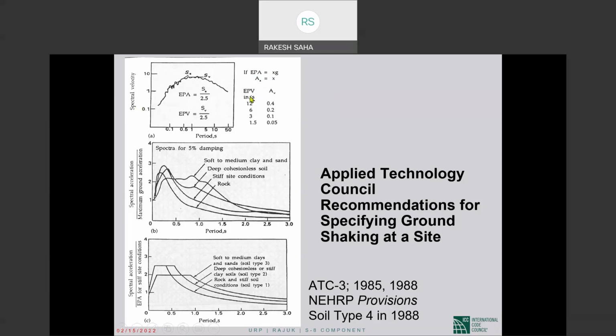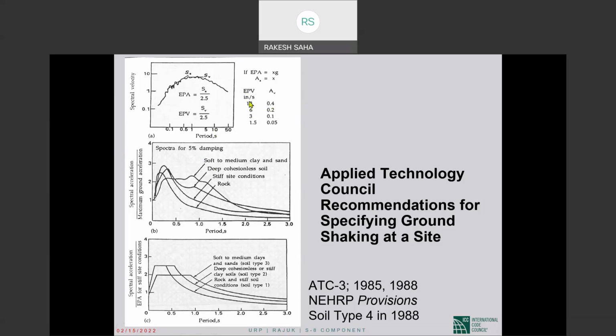When it comes to effective peak velocity, instead of plotting the effective peak velocity, they plotted a related acceleration coefficient, A sub v. A sub v is an acceleration coefficient related to the effective peak velocity. If effective peak velocity is 12 inches per second, A sub v is 0.4.